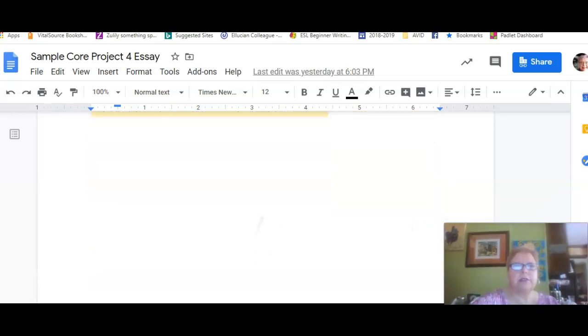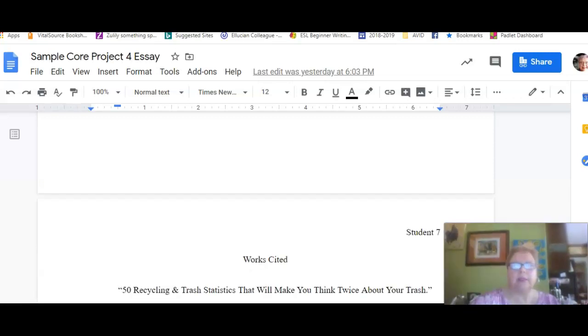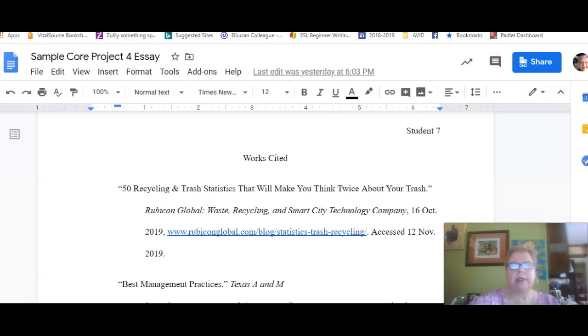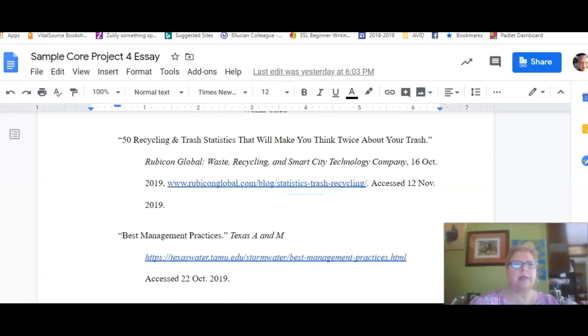Notice he has inserted his page break so that the works cited comes up at the top of his seventh page. And he does have it in correct format, and in correct alphabetical order. Notice his first citation starts with the number 50.